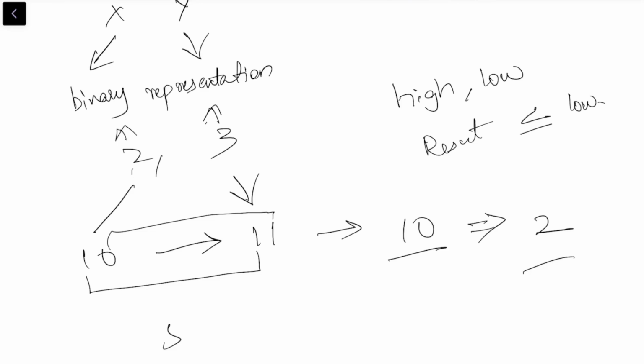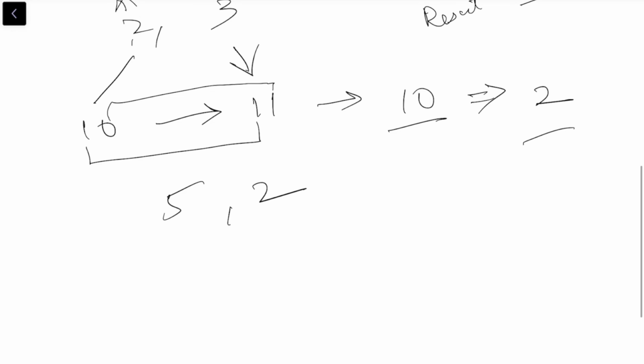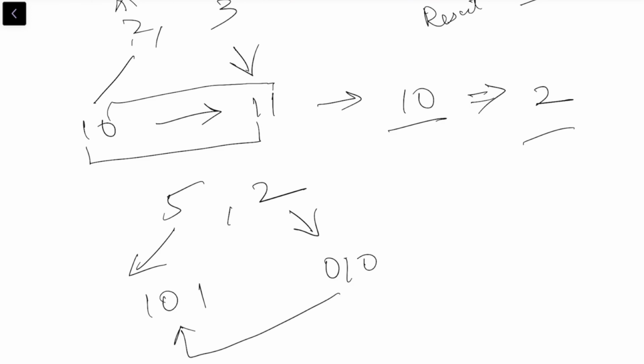If you take high as 5 and low as 2, what's the binary representation of 5? 101. What is the binary representation of 2? 010. If you try to do AND operation between these two, the first bit will be 0, the second will be 0, the last will be 0.